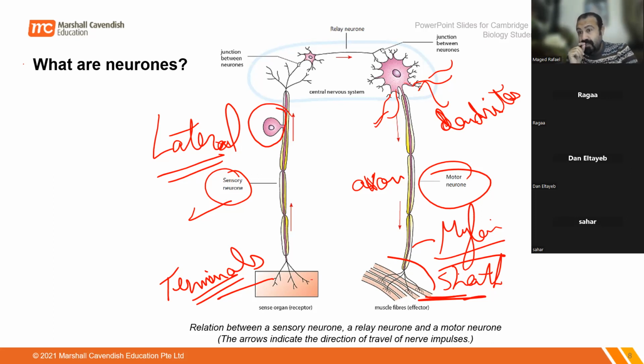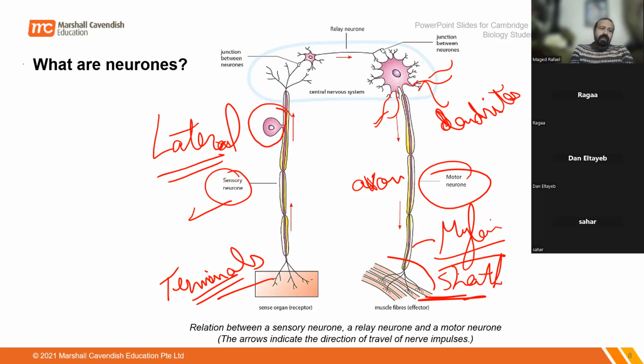No, he wants you to write this is the effector. He wants you to use another term that you learned in the course, because in the question he mentioned the muscle. If he didn't mention it in the question, no problem. Write muscle or effector, both will be accepted.